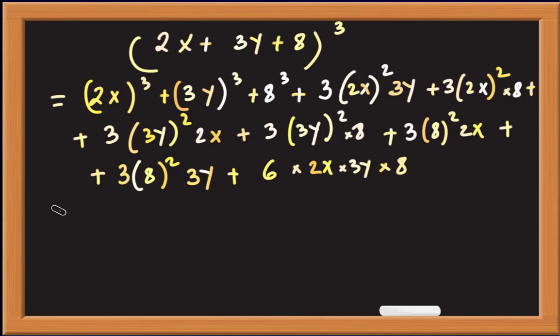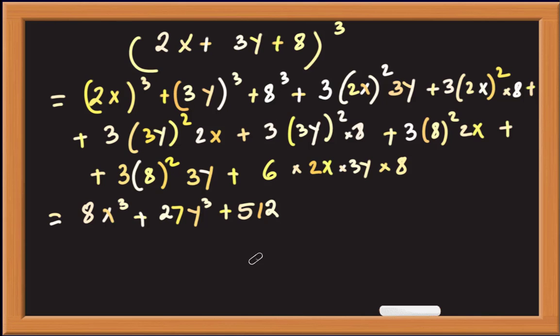Is this already a good result? But we can go further and make these calculations. We get 8x cubed plus 27y cubed plus 8 times 8 times 8, that is 512.